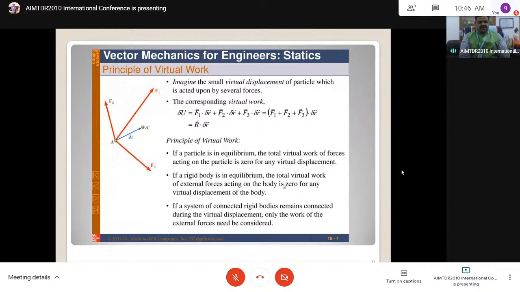These are the three areas where we use the principle of virtual work. This is very important when you are dealing with a particle. Generally, these are the three cases we will come across: it can be a particle, a rigid body, or a system. In real scenarios, these are the three types of problems.